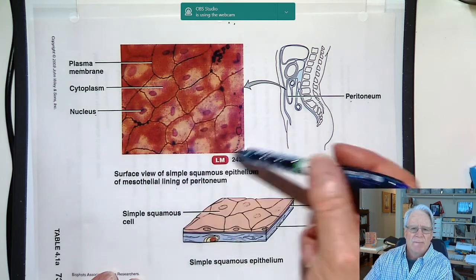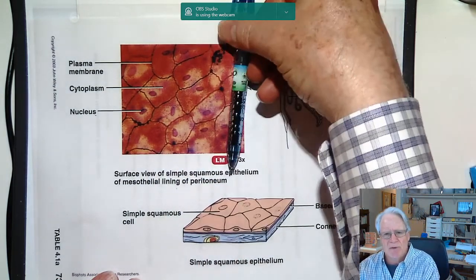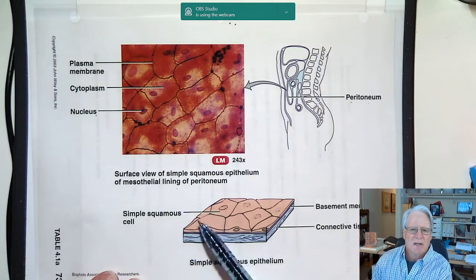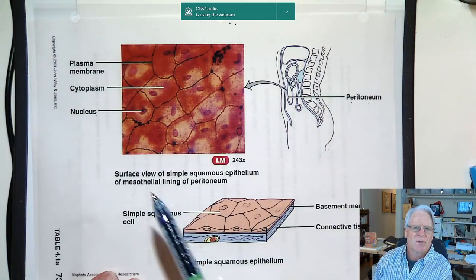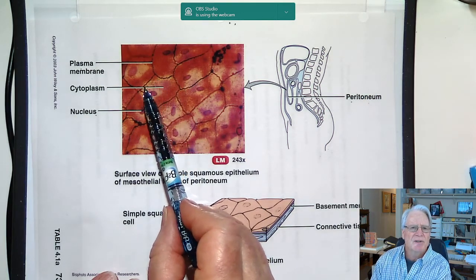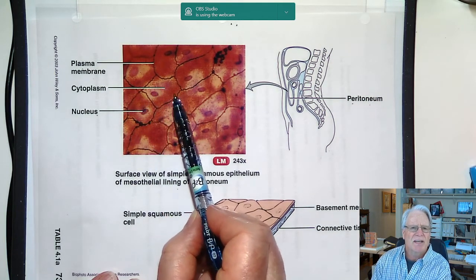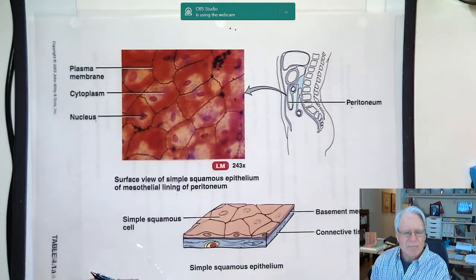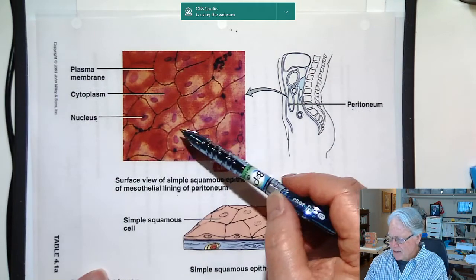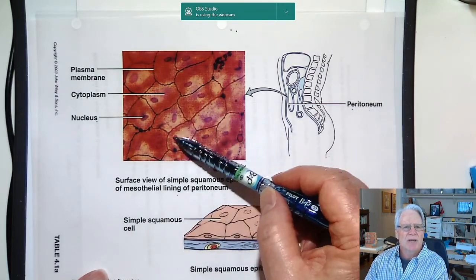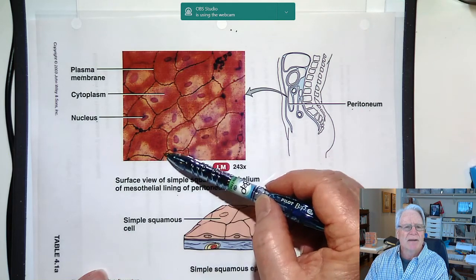This view is a helicopter flying over this and looking straight down and snapping a picture of this layer of cells from the top. And you can see a couple things. First of all, you notice that the arrangement, the way they're interconnected, is irregular. That's by design, because if they were all lined up like you would line up tiles on a kitchen floor, that would create a line of weakness.